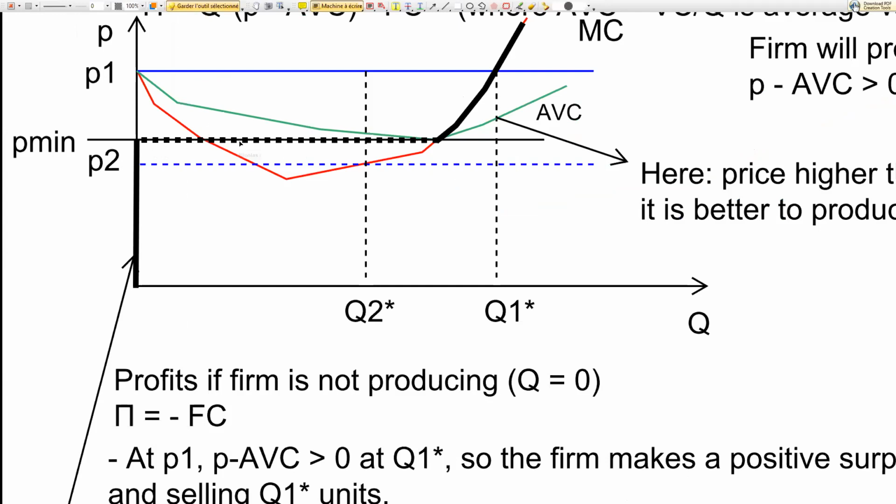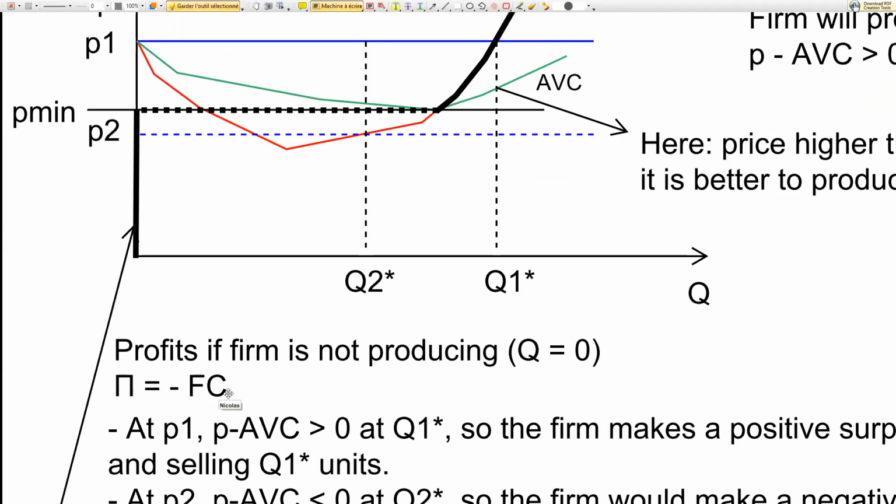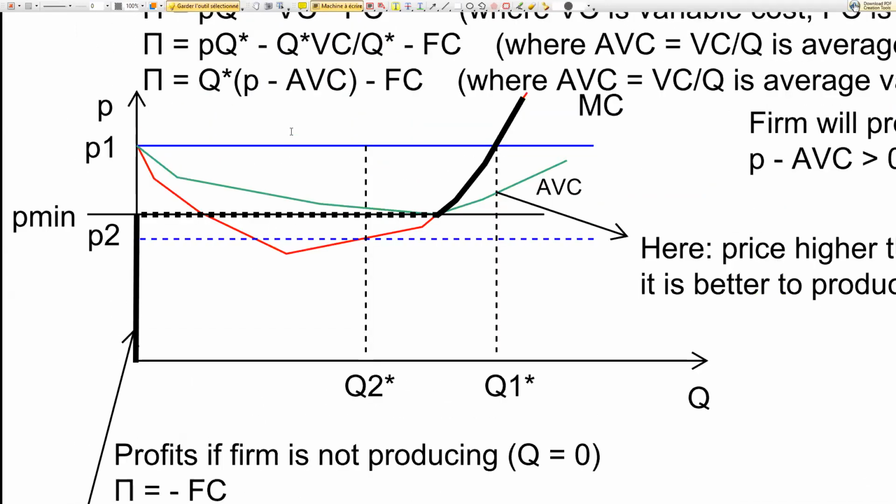All right. So this is a jump. It's not that I can choose whatever quantity. In a sense, if the price is exactly Pmin, I'm totally indifferent between not opening and opening. If I don't open, my profit is minus fixed cost. And if I do open, my profit is Q star times P minus average variable cost, minus fixed cost. But what is P minus AVC if I'm just at Pmin? Well, P minus AVC is exactly 0.